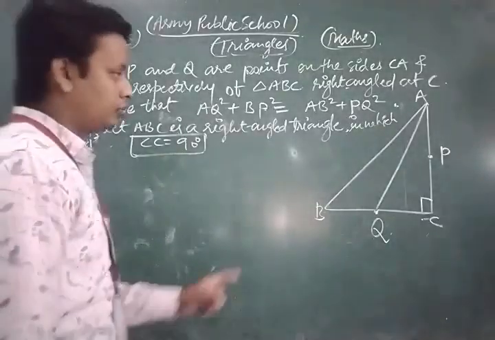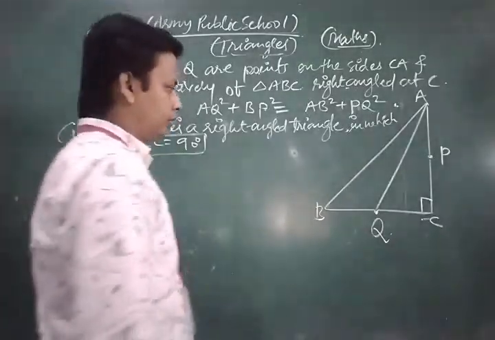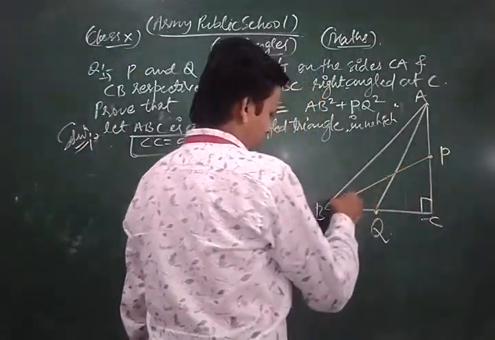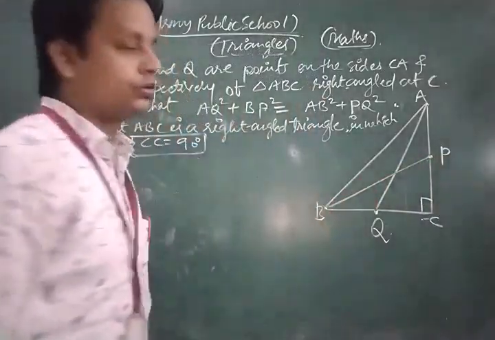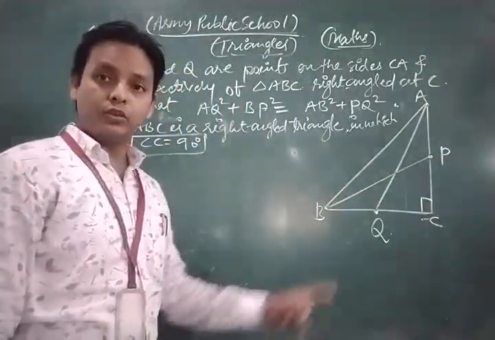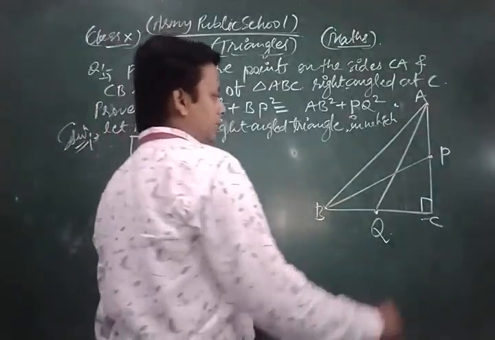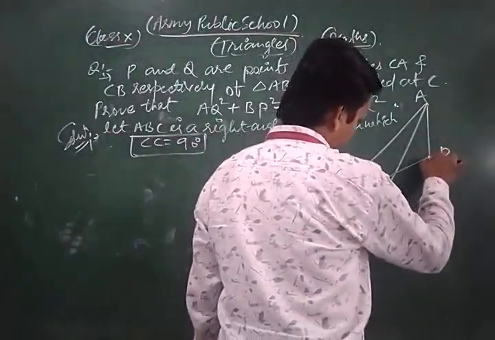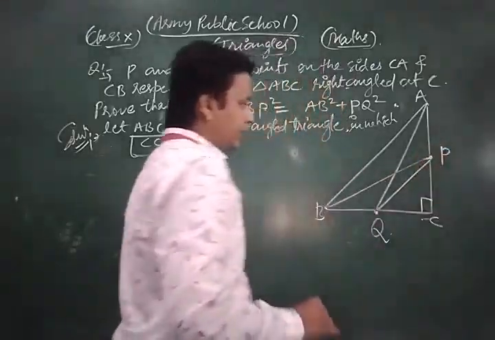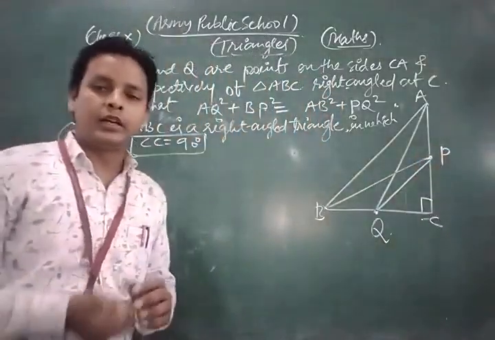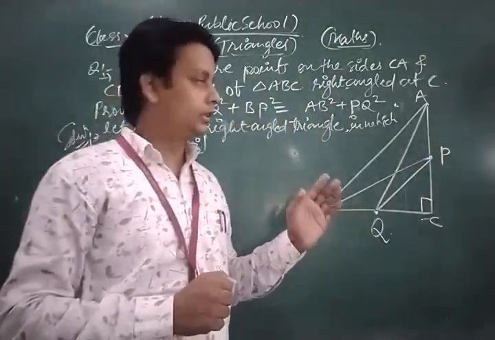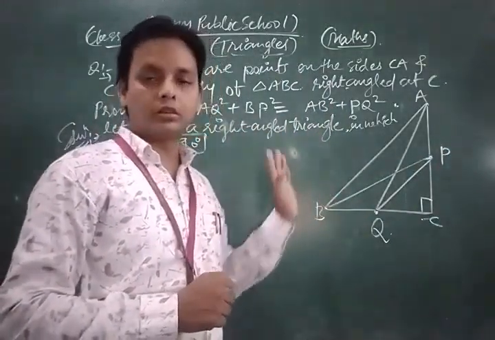Now we also join BP. PQ square is also there, so PQ is also joined. So in this way, dear student, first of all, we draw the figure according to our question.